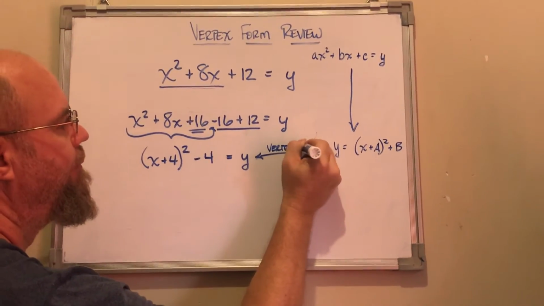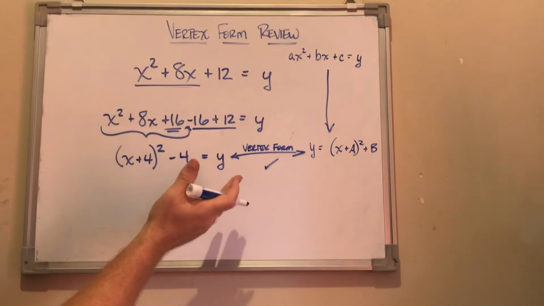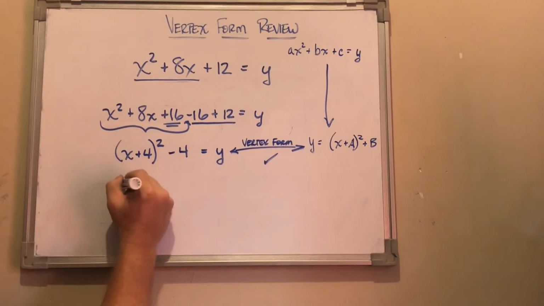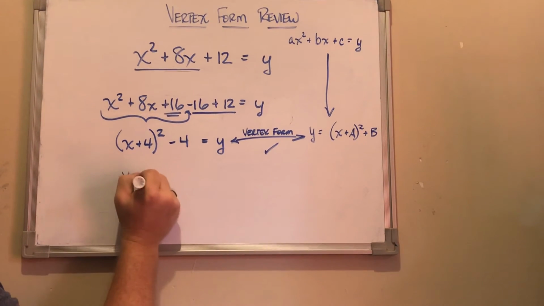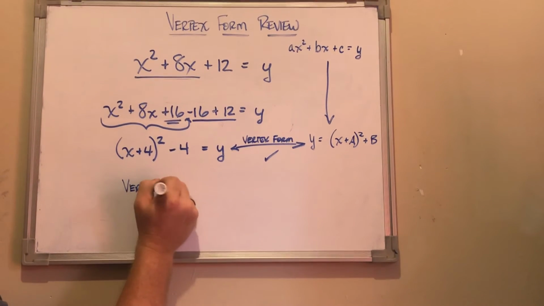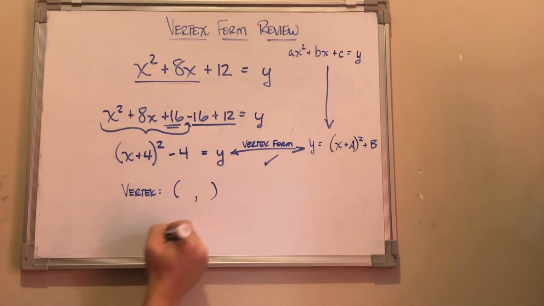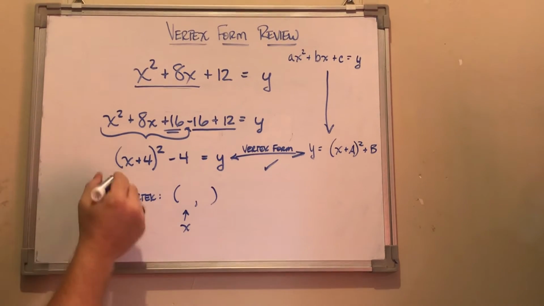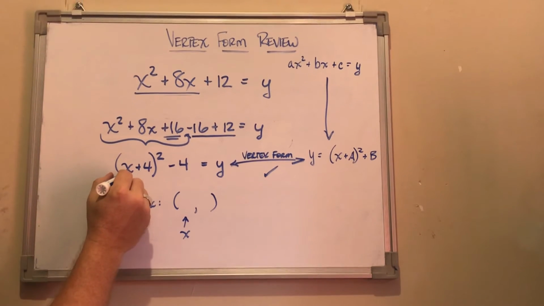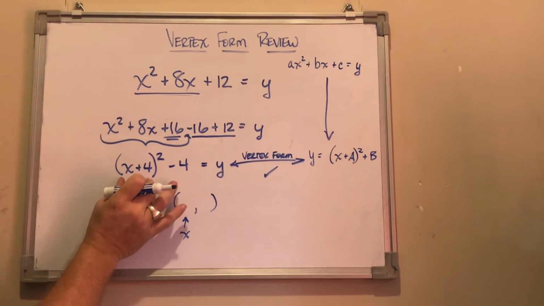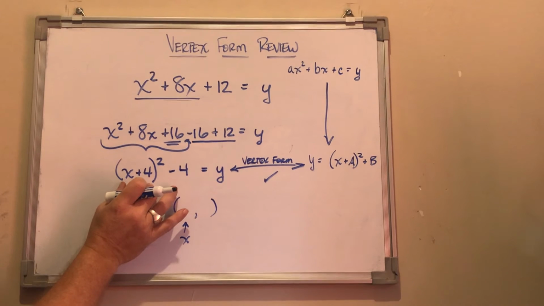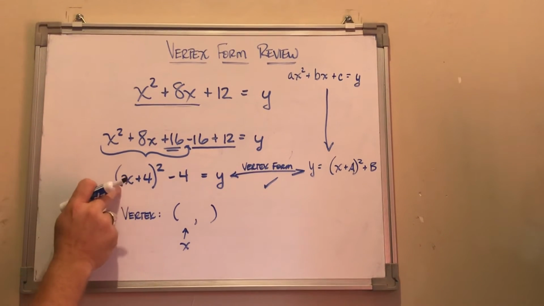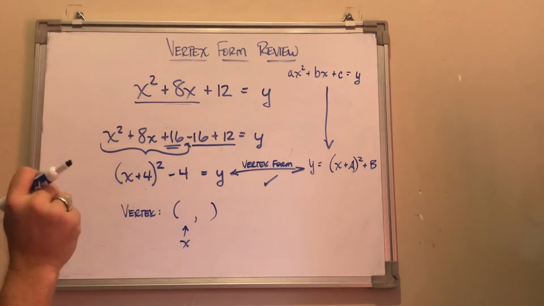From that form, we can easily identify the vertex. So in here, what is the vertex? The vertex is a point, and the x value of that point is whatever value x needs to be in order to make this binomial, x plus 4, equal 0. So the x value is going to be negative 4, because negative 4 plus 4 is 0.